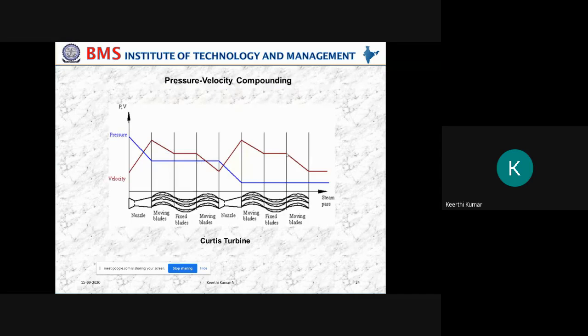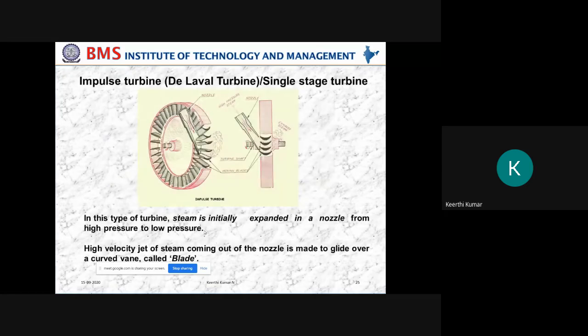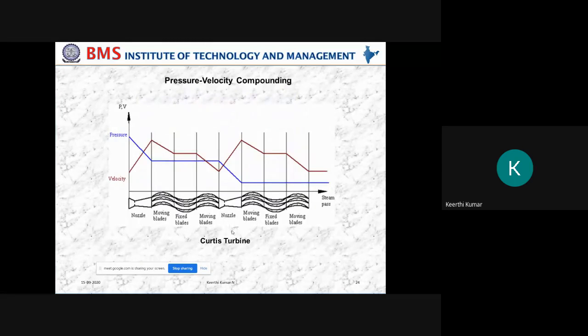If I put one set next to the other, it becomes a pressure velocity compounding turbine. See, pressure is also reduced, velocity is also reduced stage by stage. So it is called pressure velocity compounding, and the name for this is Curtis turbine.